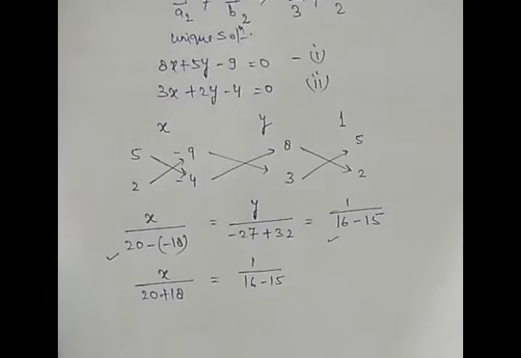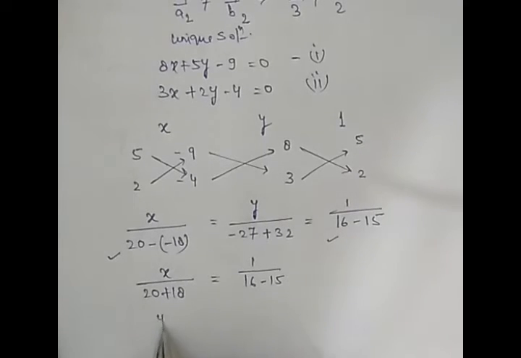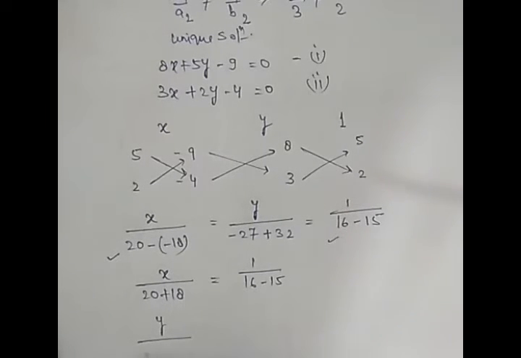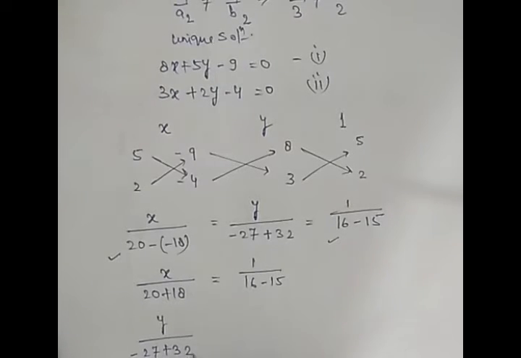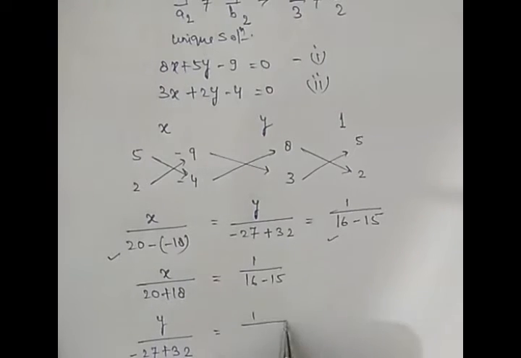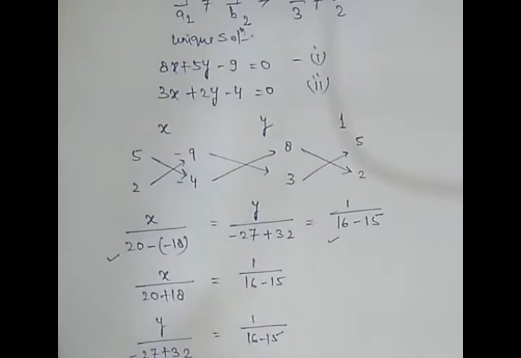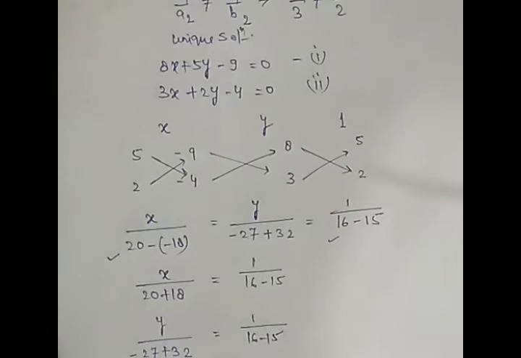We will solve it and we will get the answer. Similarly for y upon minus 27 plus 32 is equal to 1 upon 16 minus 15, and we will simplify this. Okay, I think this is clear to everyone.